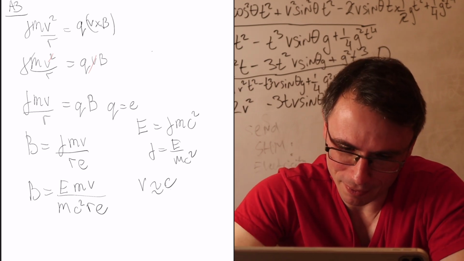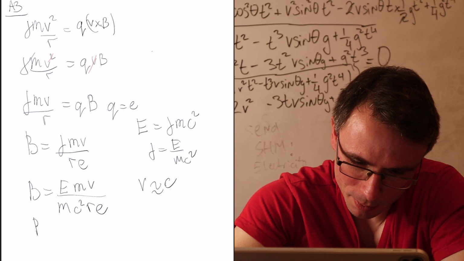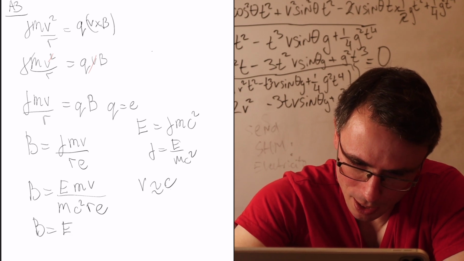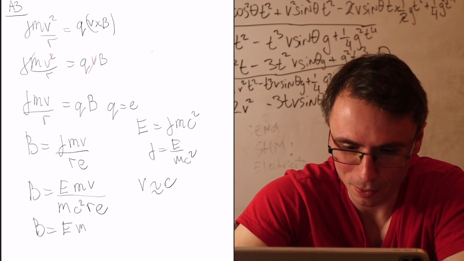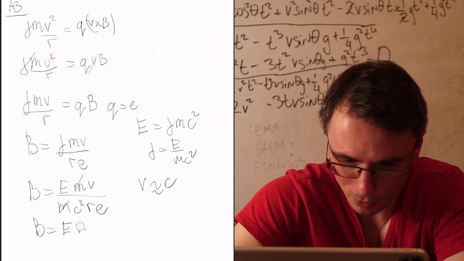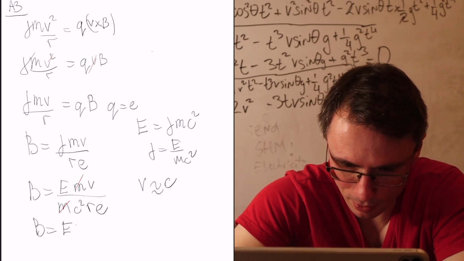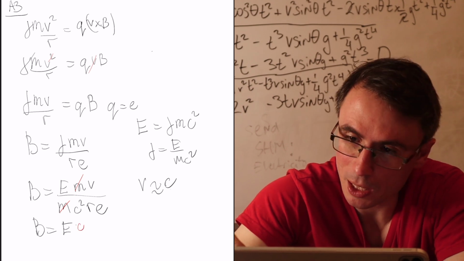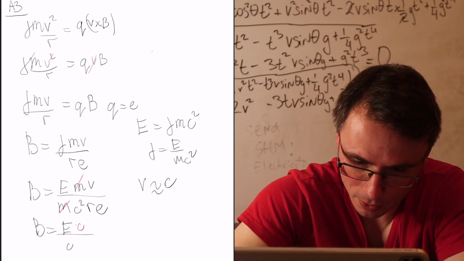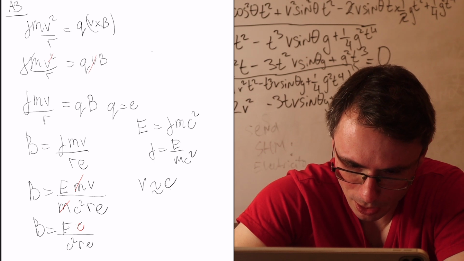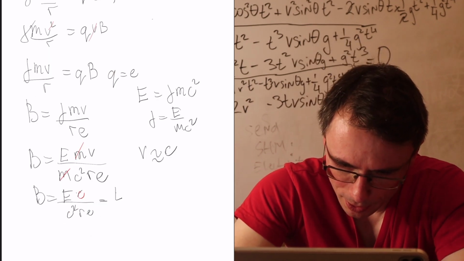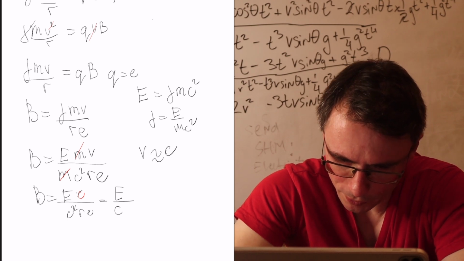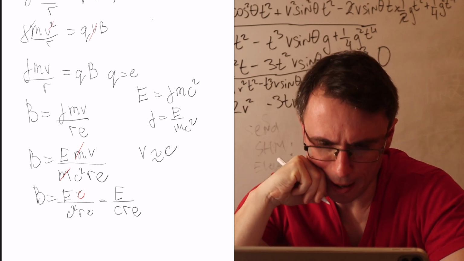Okay, what is that going to give me? That's going to give me that B is equal to E m, the m's are going to cancel as well. How did we not spot that? So then this here will be a c, and then divide that by c squared r e. Okay, this here will then give me E over c r e.